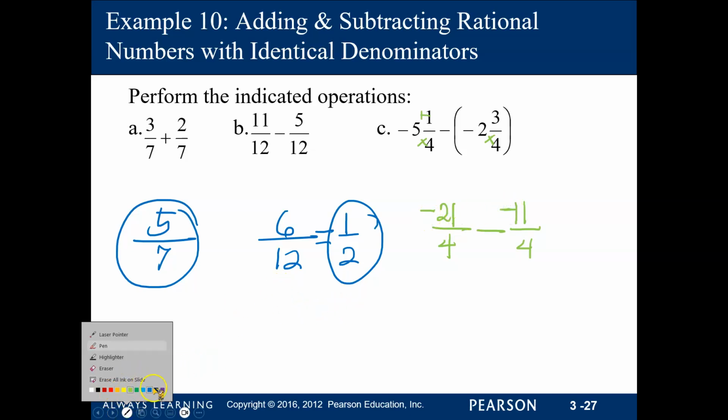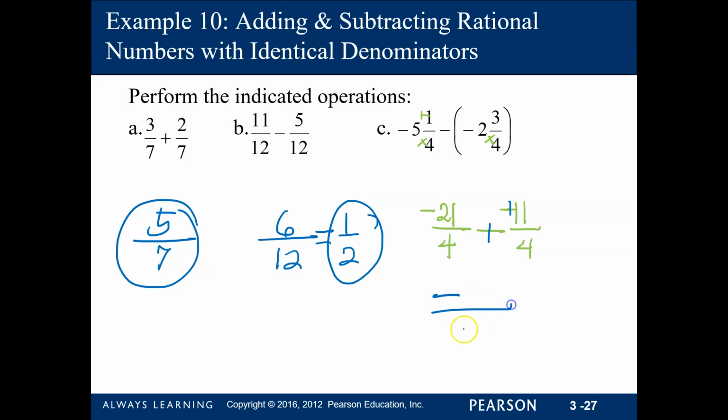So now working with our subtraction, if you would remember from our last topic, when we are subtracting integers, we change the sign of the second number and then we add. All right, so we have negative 21 and positive 11. If you combine them, negative 21 is higher, so our answer would be negative, and it's going to be over 4. 21 minus 11 is going to be 10.